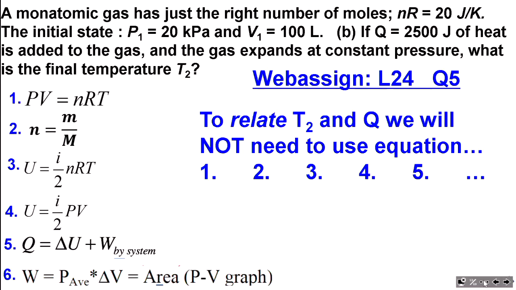Pick one. If you have any doubt about using or not using a specific equation, you don't pick that equation because it might be used, but there's at least one which you would definitely not need to use. So which one is that? Pick one from the list.